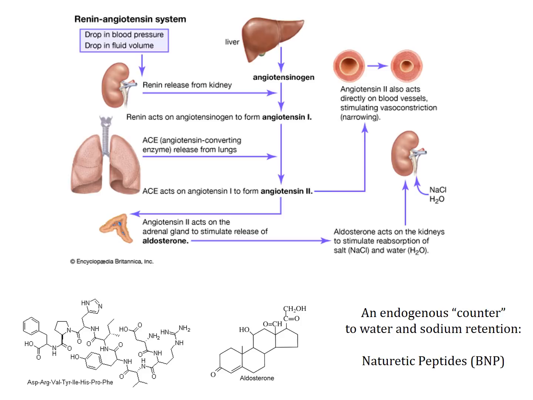BNP protein actually acts as an endogenous vasodilator and an endogenous diuretic. So it's our own self-built-in means to deal with fluid overload. BNP will be released, and that BNP will try to compensate for that excessive sodium and water retention.